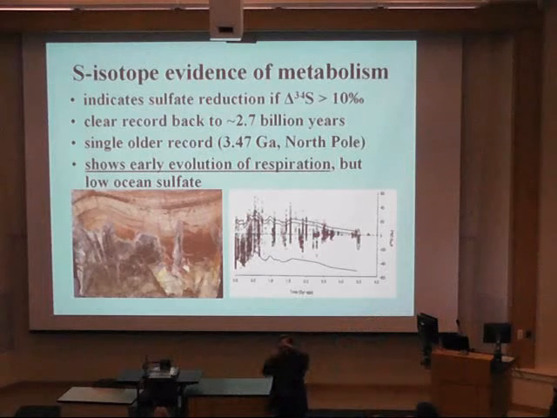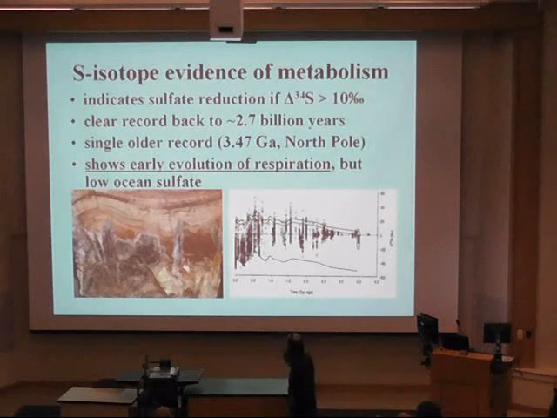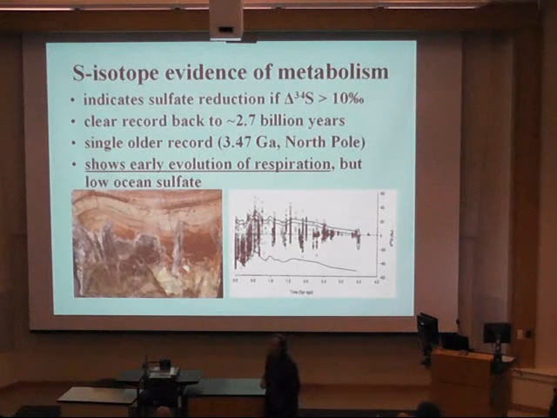Immediately below those stromatolites, directly underlying them, you get rocks like this, which are made up of crystals of a mineral barite, which is barium sulfate, and within the barite crystals you get microcrystals of pyrite, iron sulfide.